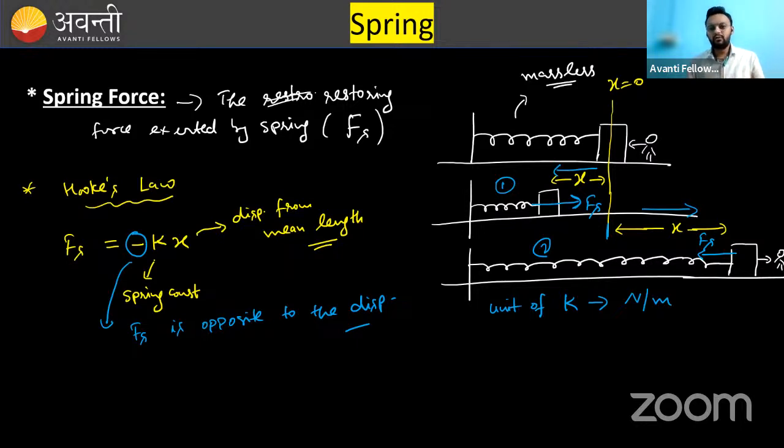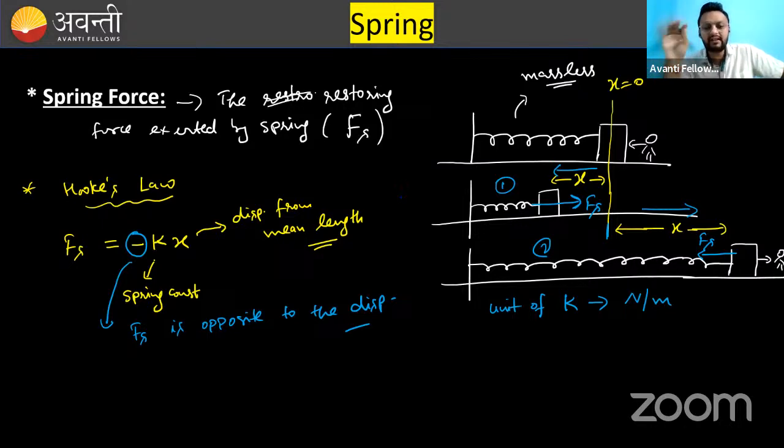Now just focus on one thing. In the future conditions, like other questions, you have two options. Either you choose this negative sign to be put everywhere, or you need to decide the direction of a spring force.